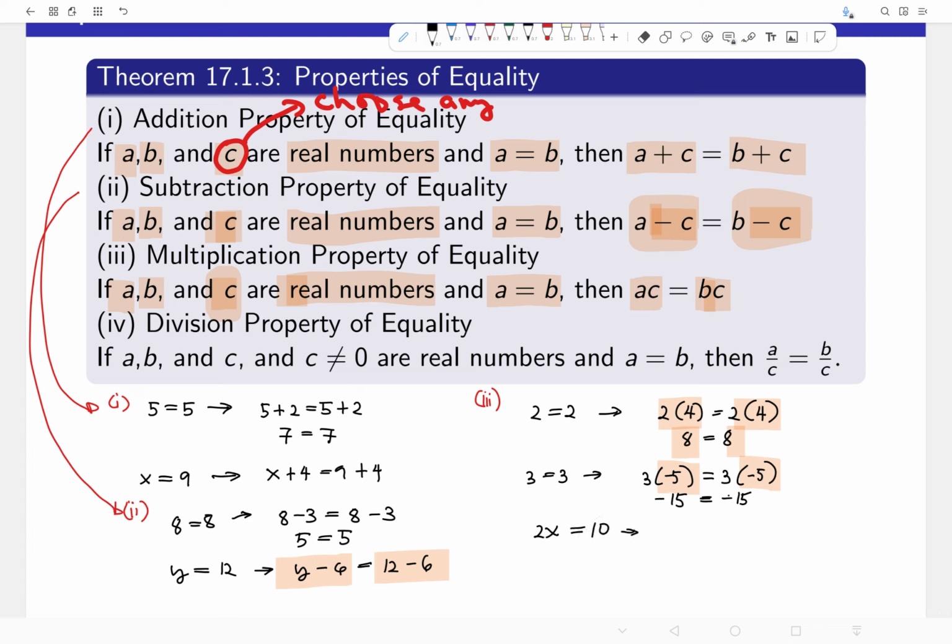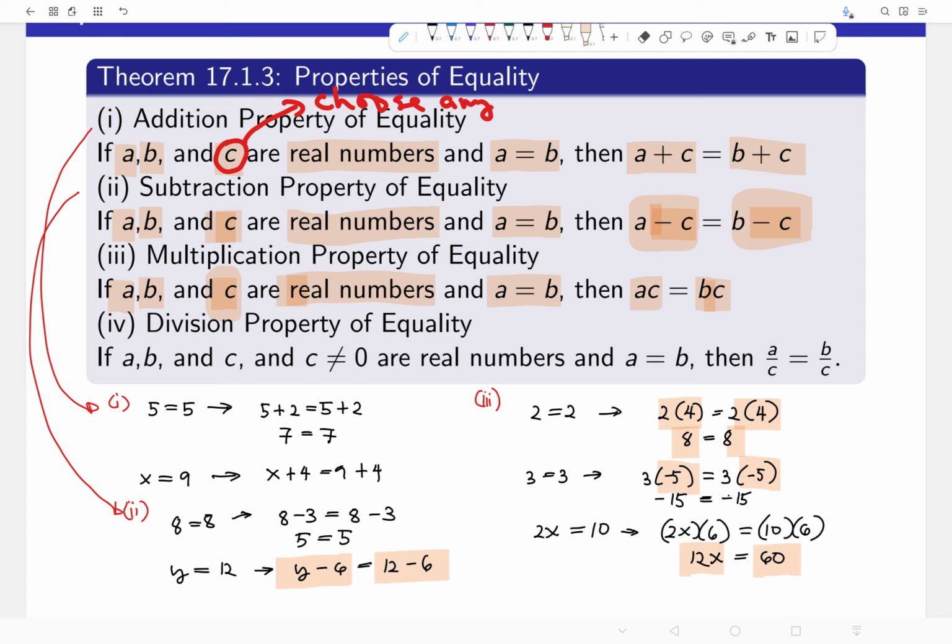Now, if you multiply another number, let's say 6, to both sides of the equation, this becomes 2x times 6 is equal to 10 times 6. If you simplify this, it becomes 12x equals 60. Again, you'll get the same answer. The left side is equal to the right side. They are just the same quantities.